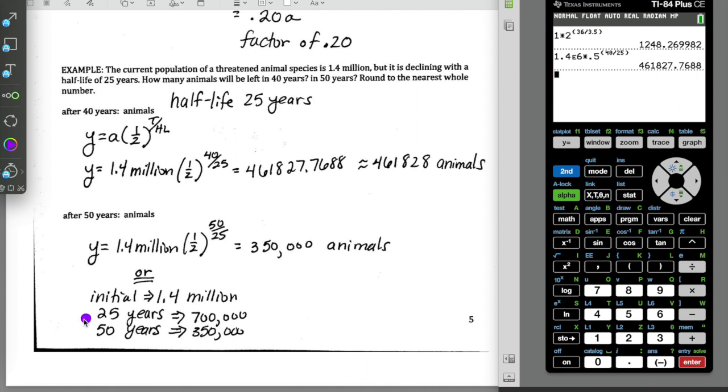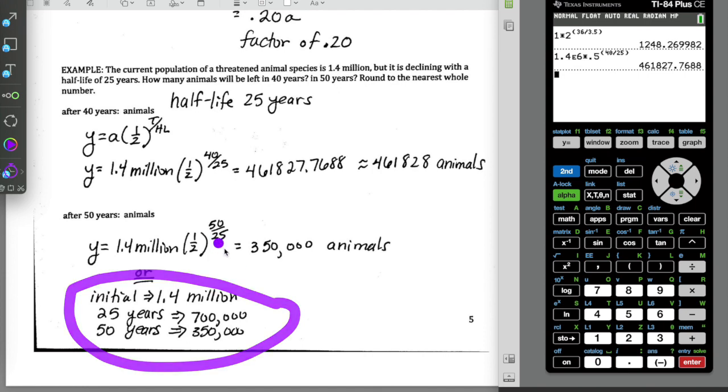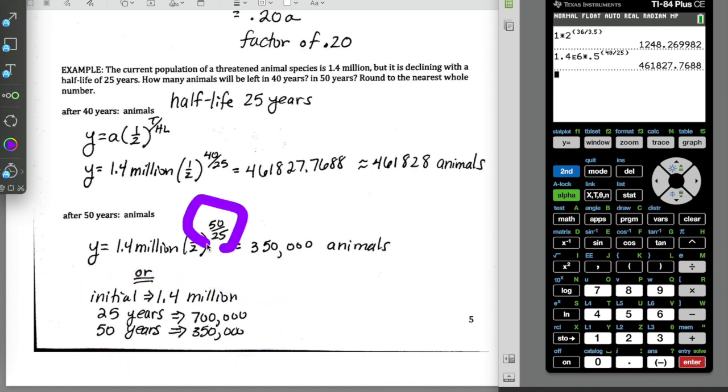Then when another 25 years have passed, that gives you a total of 50 years. You get cut in half again, so 700,000 divided by 2 is 350,000. So here's a second way to do it using a table, since 25 goes into 50 evenly. So this is a nice way you can check to make sure what you're doing makes sense.